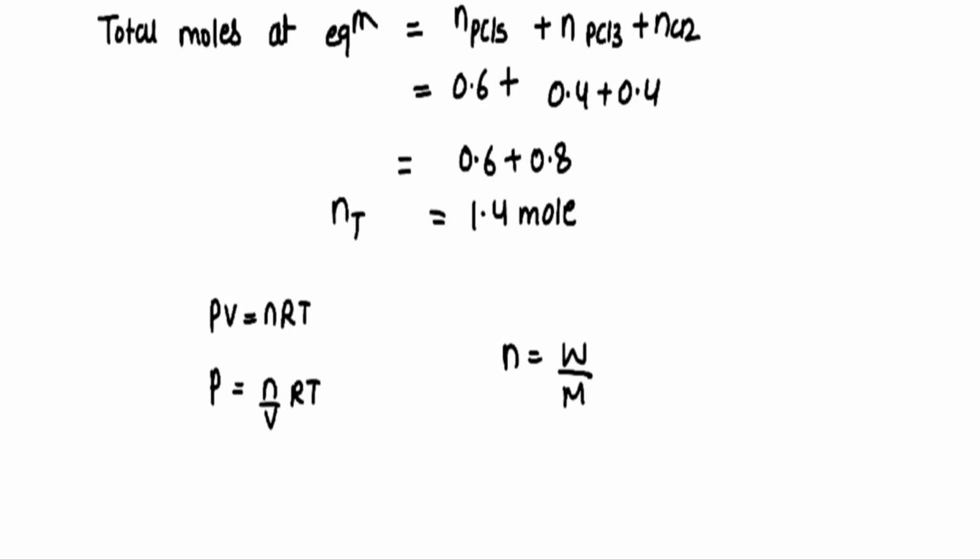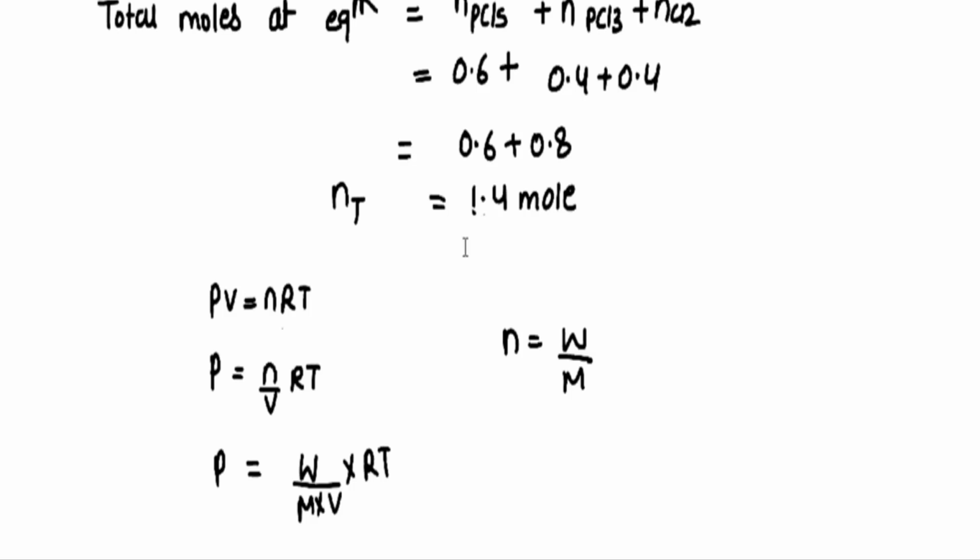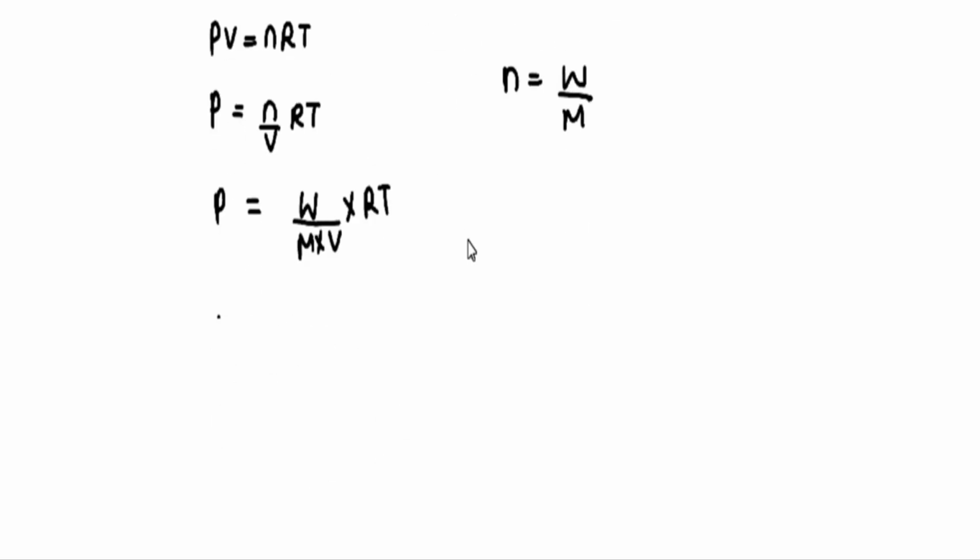So we substitute the value of n, that is weight divided by molar mass, into V, into RT. Next step: P is equal to weight divided by volume in one place and RT divided by capital M, where capital M is nothing but molar mass.